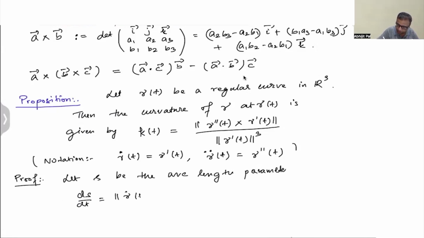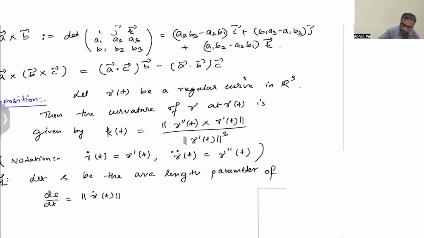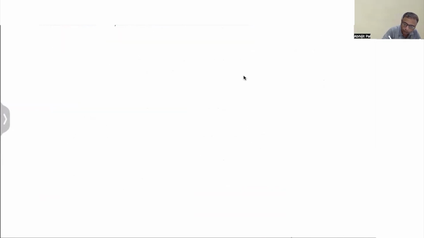This gamma dot(t) is the differentiation of gamma with respect to t at gamma(t). So this I can also write as d gamma/ds times ds/dt. This we can always write.